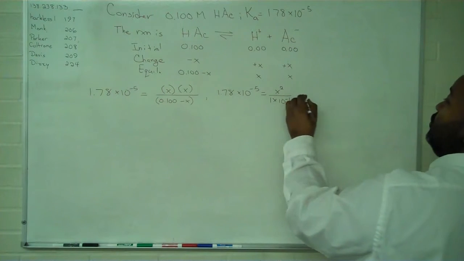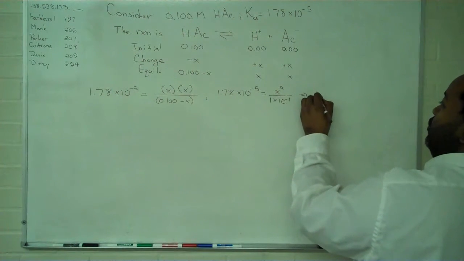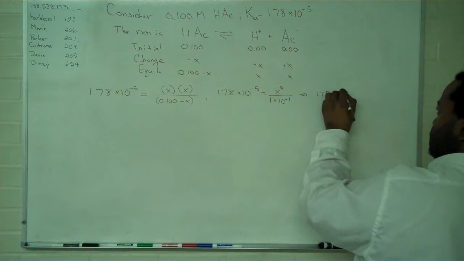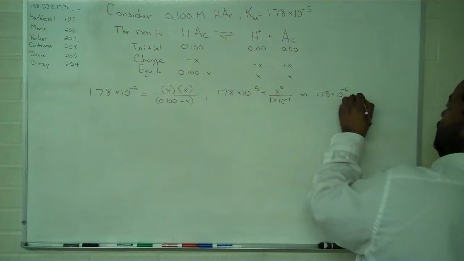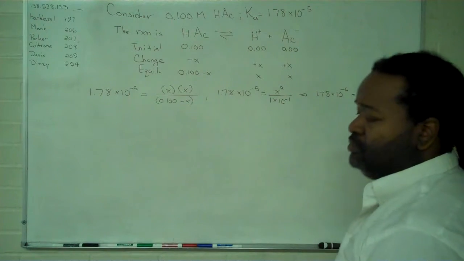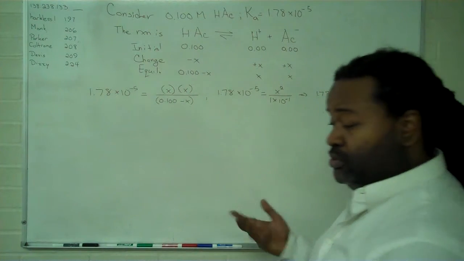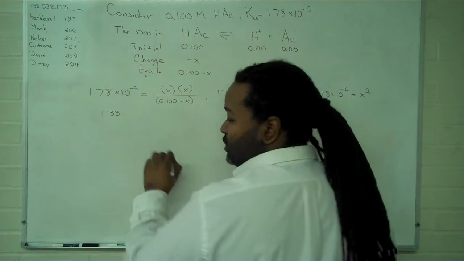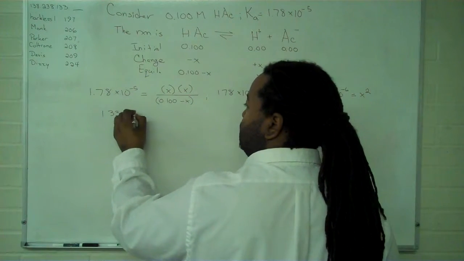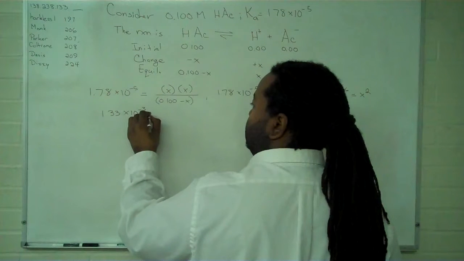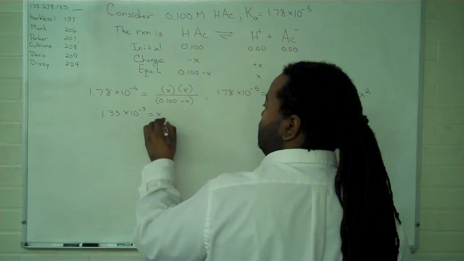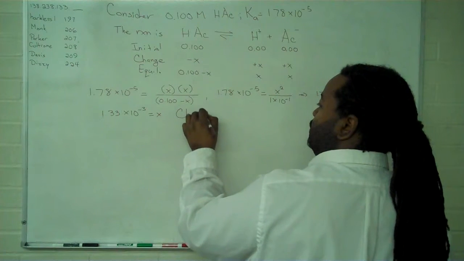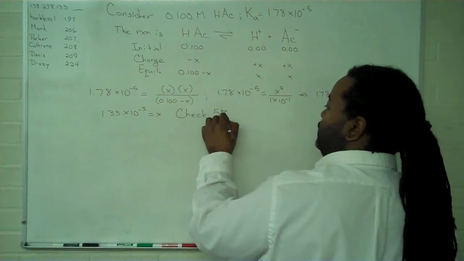So what we'll have is that 1.78 times 10 to the negative 6 is equal to x squared. Once we take the square root, we'll find that this gives us 1.33 times 10 to the negative third equals x. And all we have to do then is check the 5% rule.